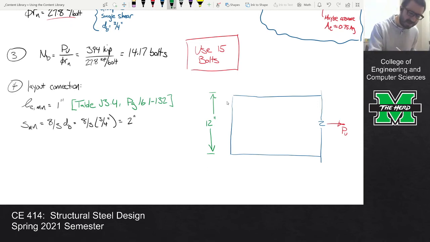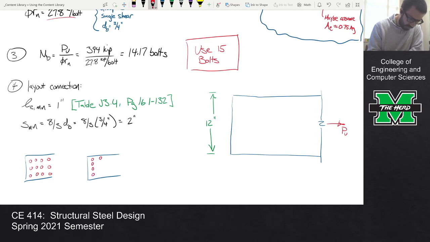There are 2 ways I could do this, right? I could do 1, 2, 3, 4, 1, 2, 3, 4, 1, 2, 3, 4. Or I could do 1, 2, 3, 4, 1, 2, 3, 4. I could do either one. This one over here would lead to a smaller connection plate. It wouldn't be as long. But the bolts might get too close together.